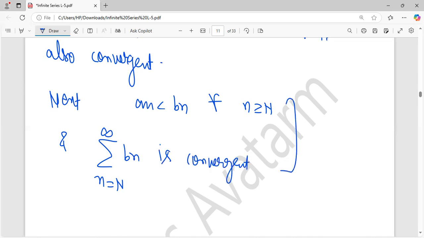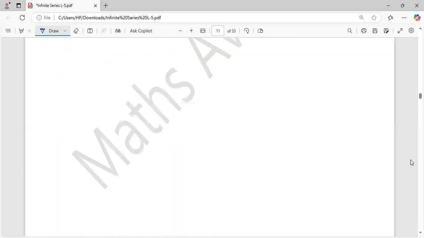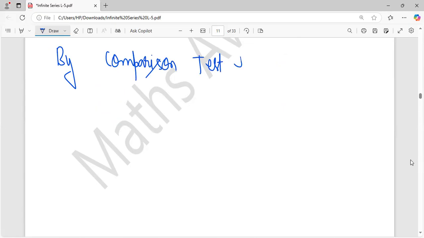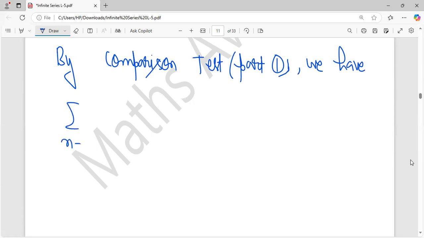From these two conditions we can apply the comparison test part first, and we have the summation from n equals capital N to infinity of An is convergent.